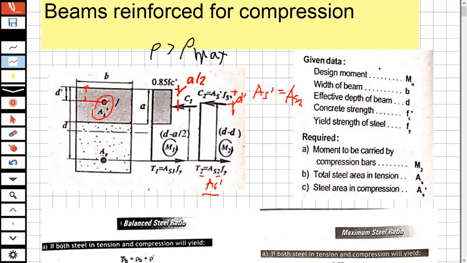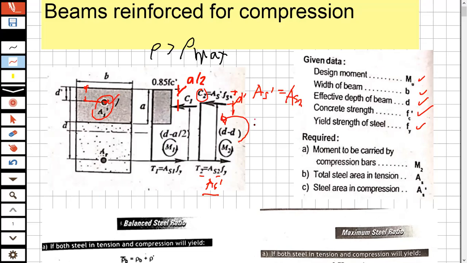What else? So, mga given data na makukuha natin dito, Mu from the shear moment diagram or from the moment generated by a certain software. Tapos of course yung width ng beam, effective depth, fc prime, you have fy, and then we need to compute the moment generated or created by the compression bar, or the compression force generated by this reinforcement located in the compression side.